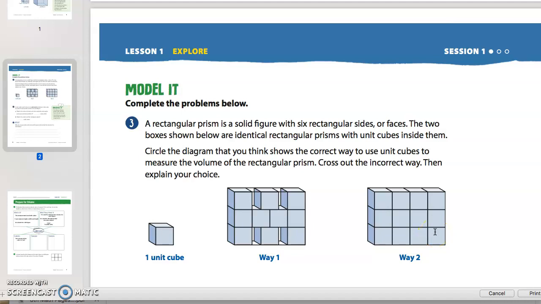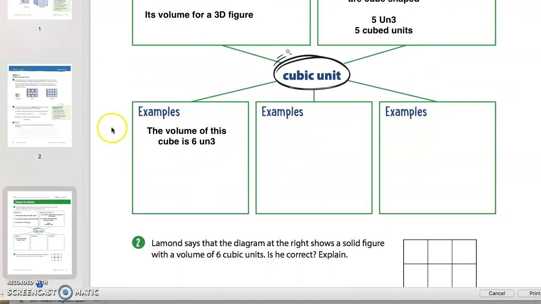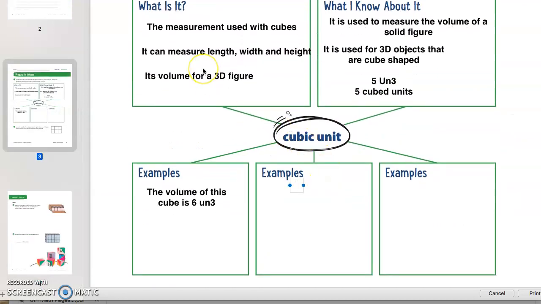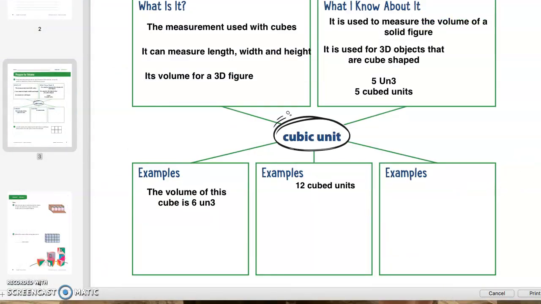So I can take a screenshot, put that one in as an example, and that one would be 12 cube units. And then I'm going to take my screenshot and move it in there.